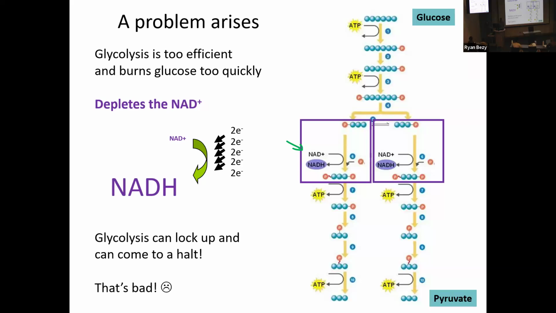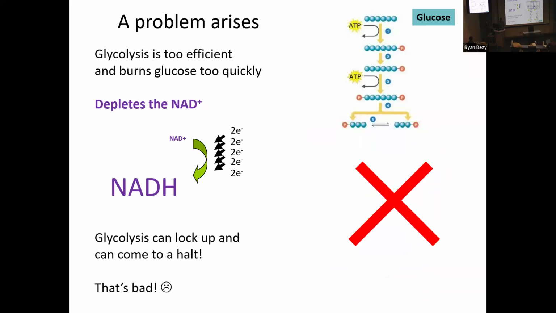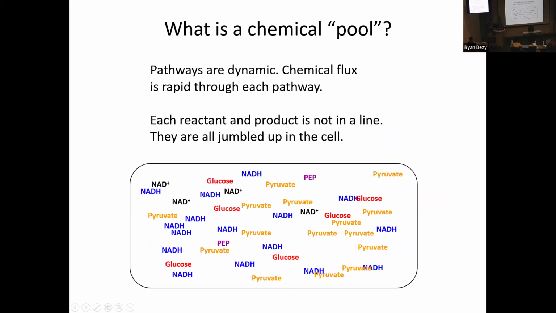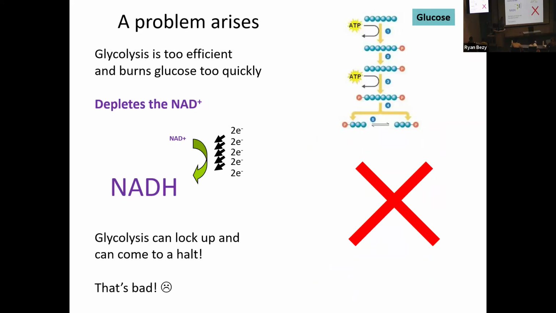But the reaction runs out of NAD+ to use. And so this chemical reaction can't happen, and if this chemical reaction can't happen, this one can't either, and this one can't either, and anything downstream doesn't happen. And so when the cell runs out of NAD+, it stops the process of glycolysis.